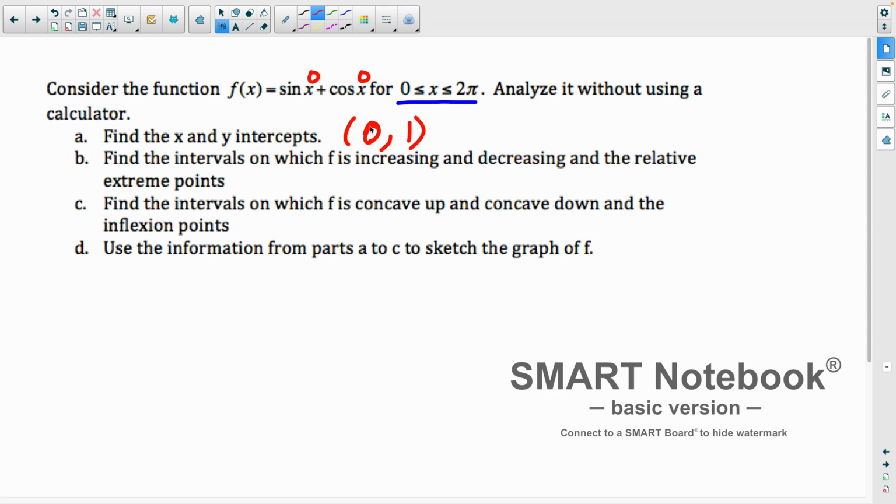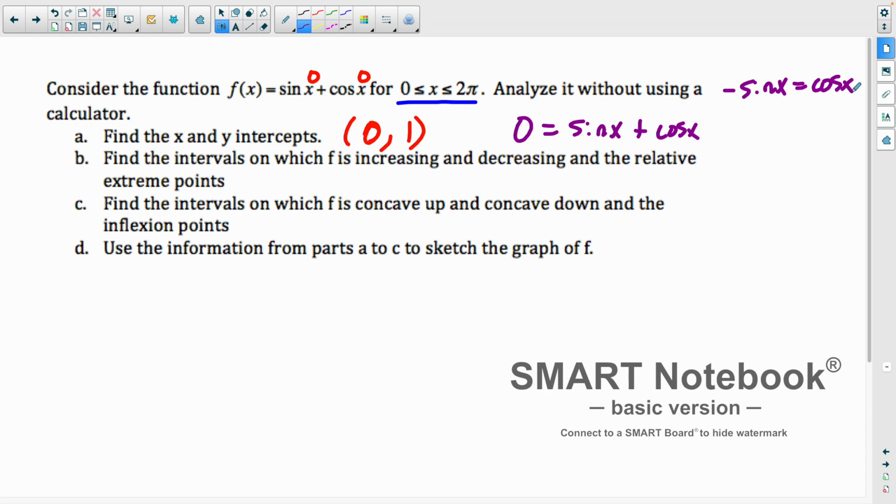If I was looking for x-intercepts, I would plug 0 in for the f of x, and I'm going to solve sine of x plus cosine of x is equal to 0. We actually just mentioned this one on a previous problem. I would move one of these to the other side, so I would make negative sine of x equals cosine of x.